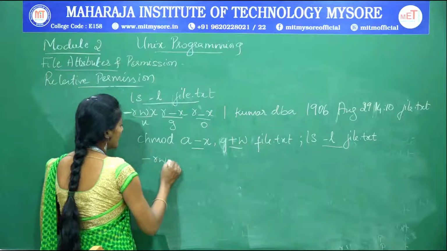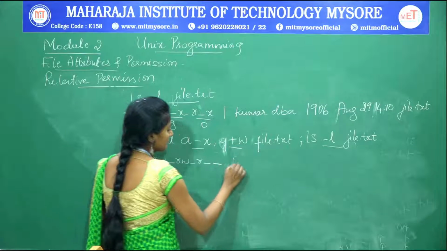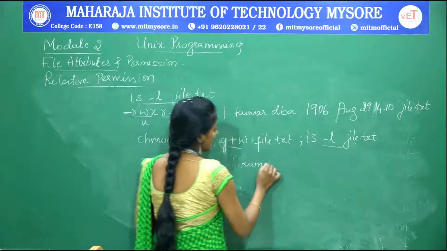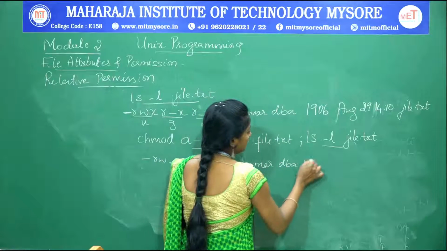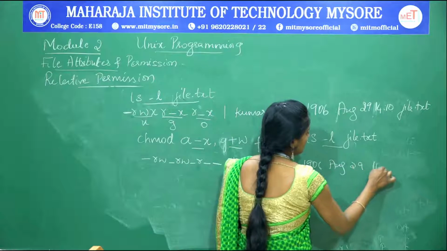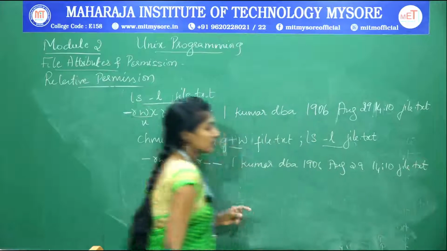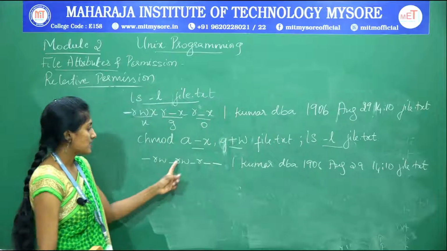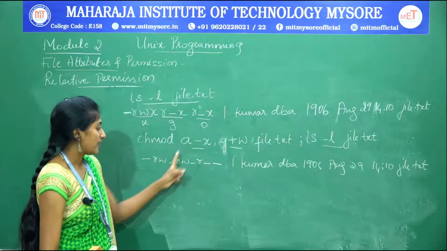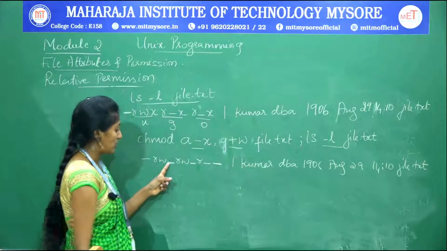So it is an ordinary file. So this is the output you will get. As you can see, for all the three categories, execute permission has been removed.